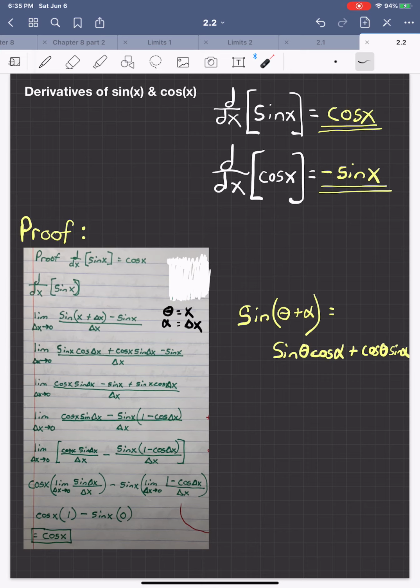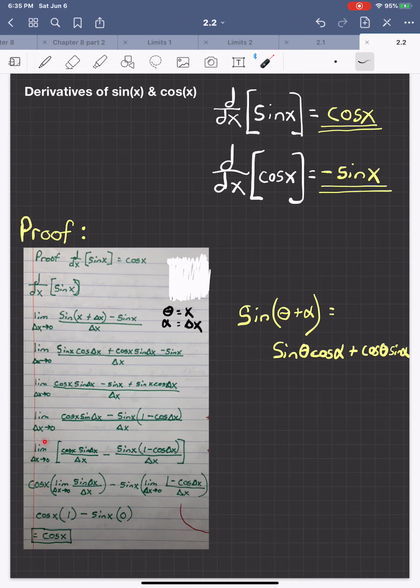Finally, at this stage, we can evaluate our limits. Notice that the limit has to do with delta x, so I'm going to be plugging in 0 for delta x. But cosine of x, I'm just going to write that out front, because what delta x does has no bearing on what cosine of x is doing.